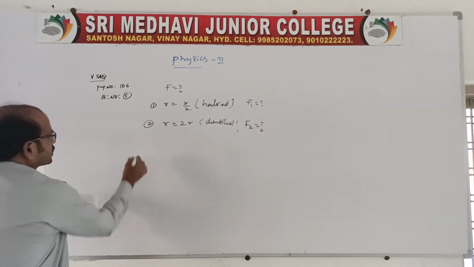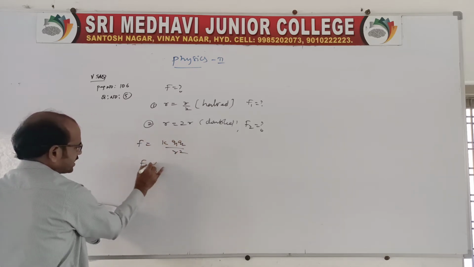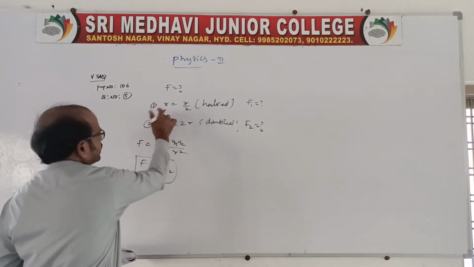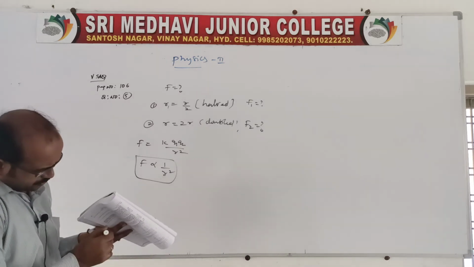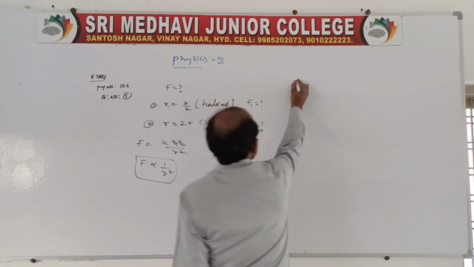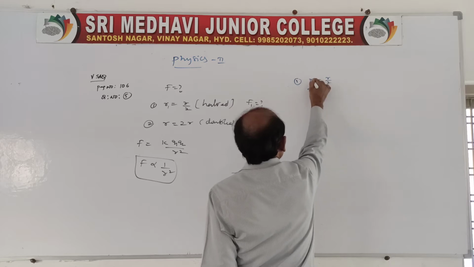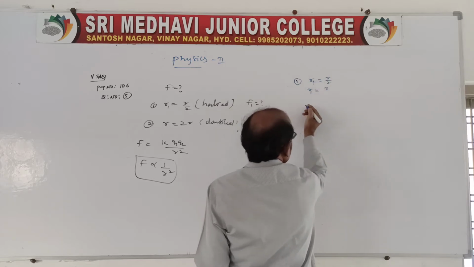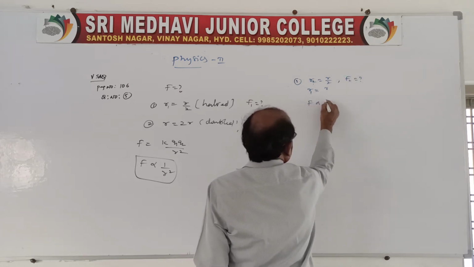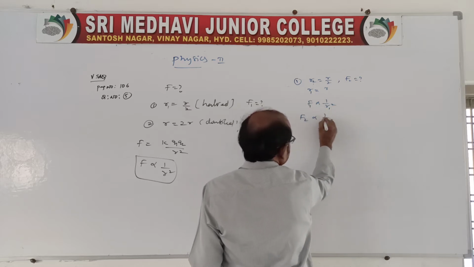So we know, according to Coulomb's inverse square law, F = K Q1 Q2 by R square. So here you write F is inversely proportional to R square. Very simple. You take the first case as R1, and for the second case R2. For the first case, R1 is equal to R by 2, and here F2 is asked. So F1 is inversely proportional to R1 square, and F2 is inversely proportional to R2 square.